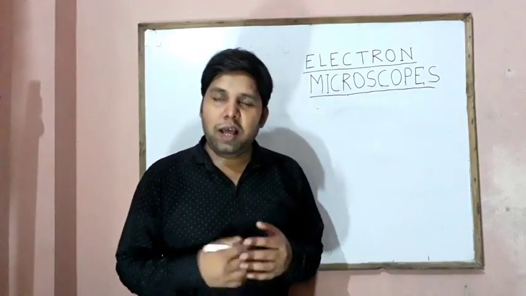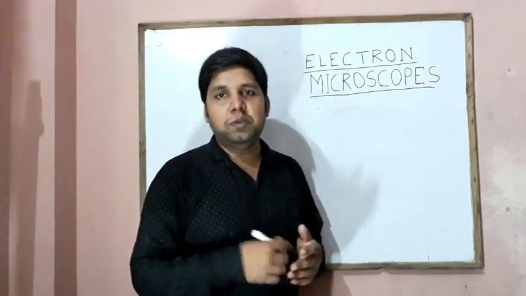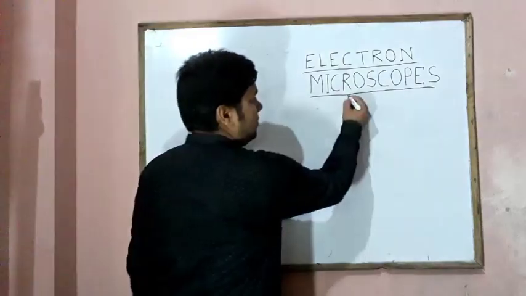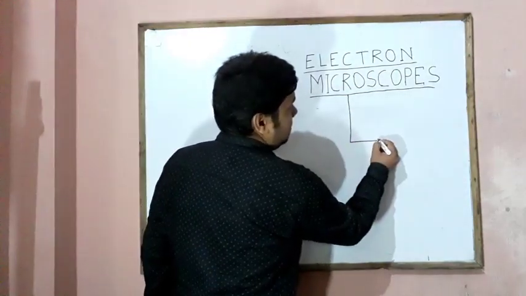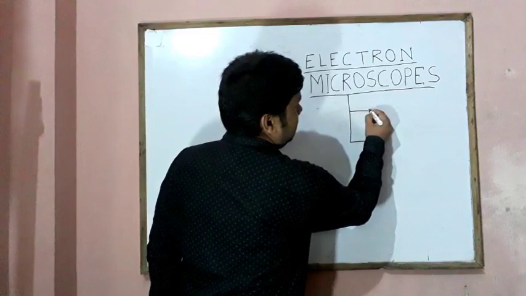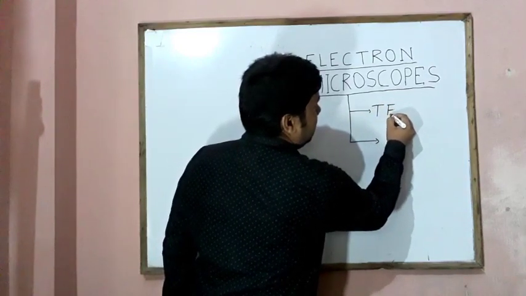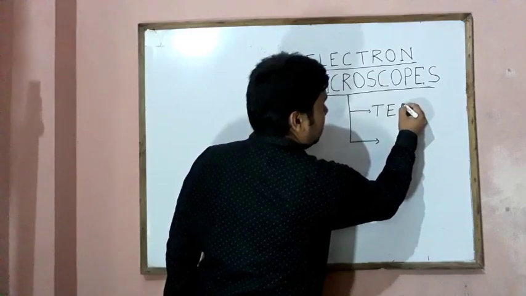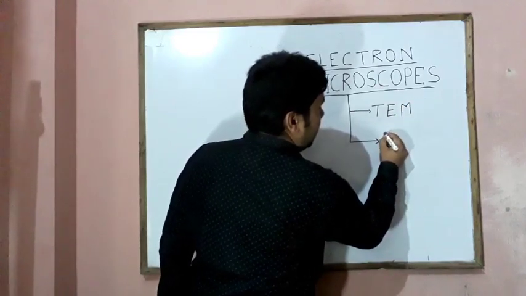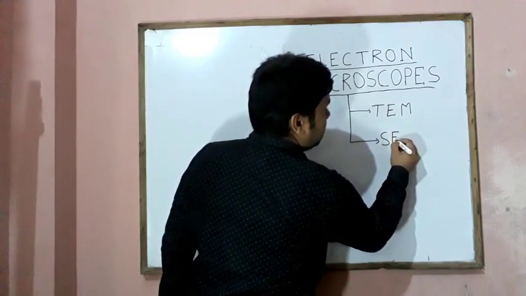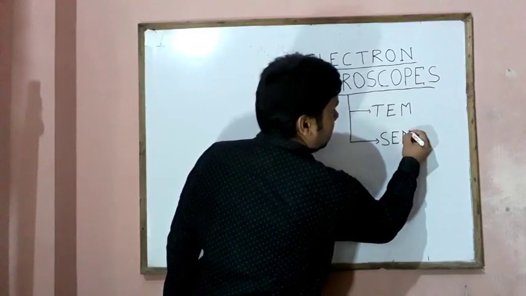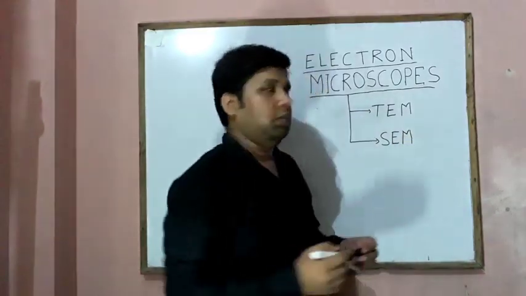The electron microscope is divided into two main categories: TEM, the transmission electron microscope, and SEM, the scanning electron microscope.